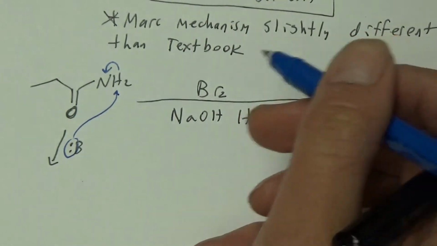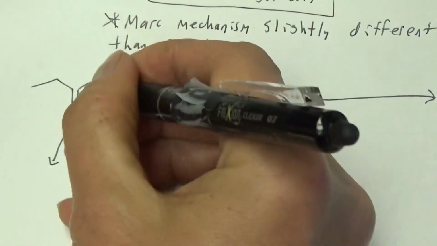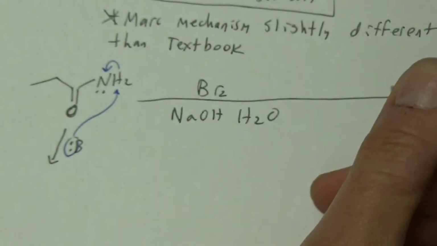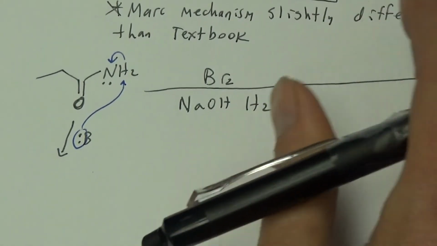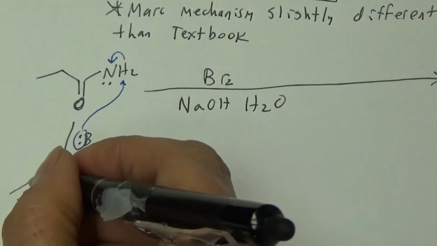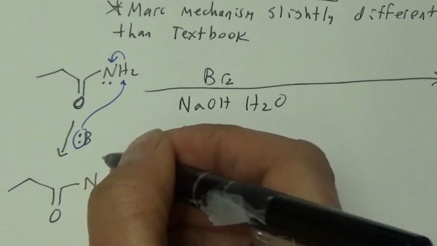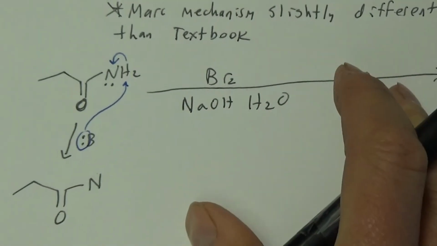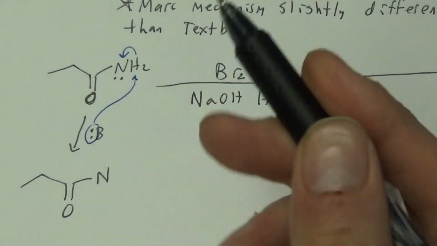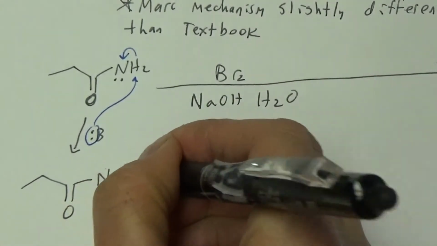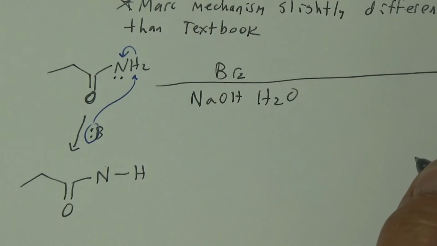Okay? Of course, how many lone pairs do we have initially? We have one lone pair. Okay, so what do we got now? We have C double bond O, we got nitrogen. How many hydrogens do we have left on the amide? We had 2, now we have 1. Draw it kind of over there. And then how many lone pairs do I have on nitrogen now?